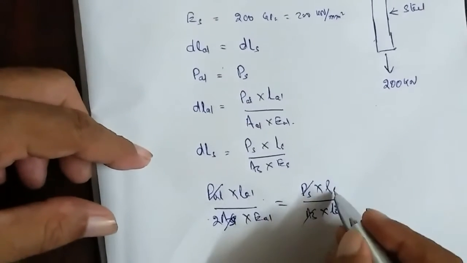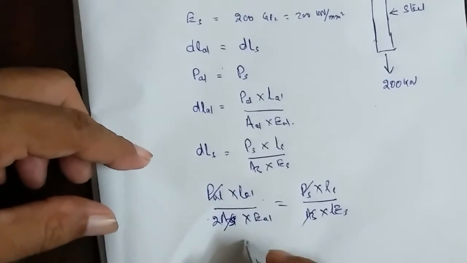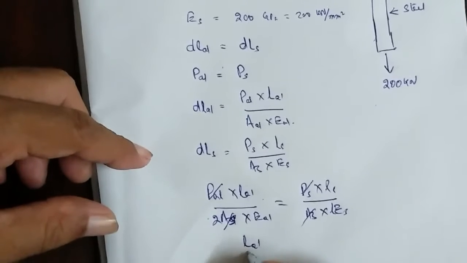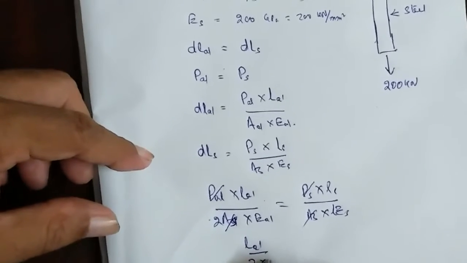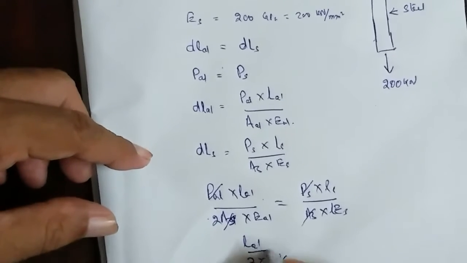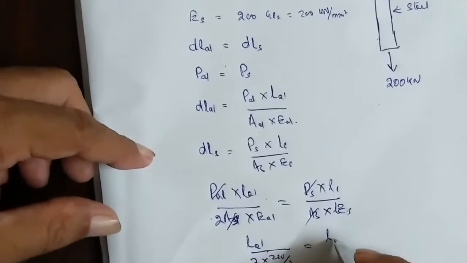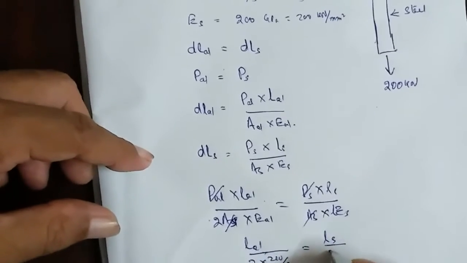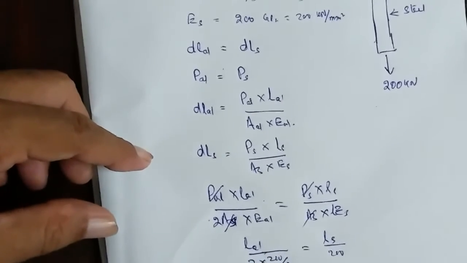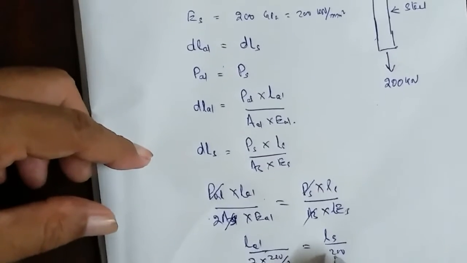Remaining is LA and LS. So length of aluminium by 2 into 200 by 3 will be equal to length of steel by 200. So the 200 will also get cancelled.